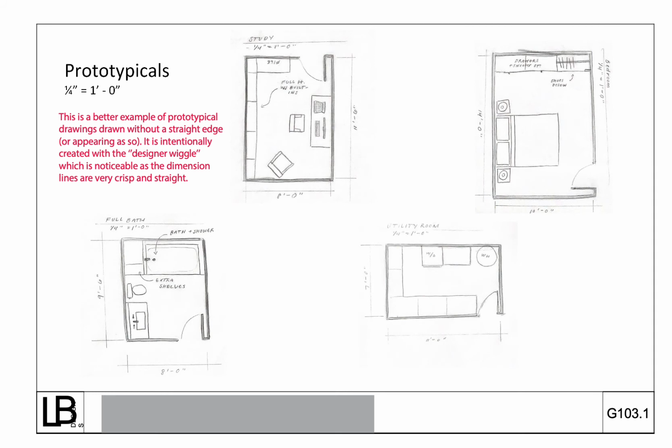And so in this, we can immediately tell that these weren't fully drafted with a straight edge, but they do have that designer wiggle that you see in architectural drawings. Normally, this would not be preferred. However, the dimensions are very straight and plumb, and they're coming in very crisp and clear.